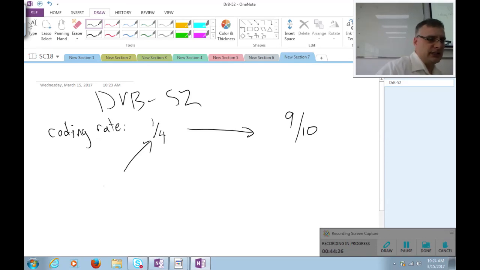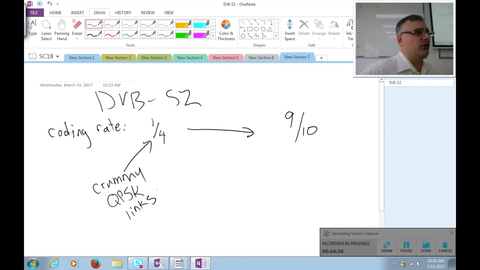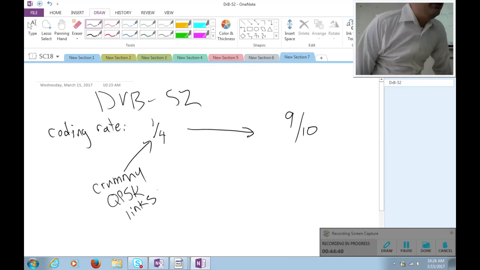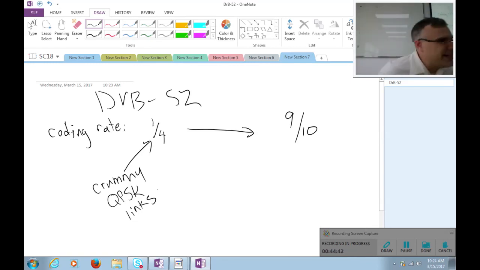Here, these low order rates are used for crummy QPSK links. That is, by crummy, I mean low signal to noise ratio. So it's interesting that the coding theory and changing the coding rate gives you an extra degree of freedom that the modulation scheme does not give you, that the signal constellation selection does not give you.